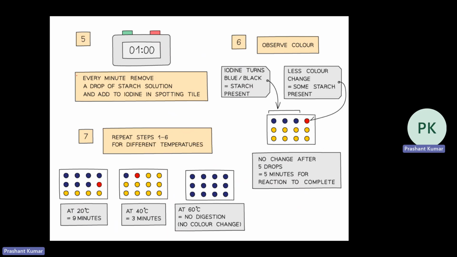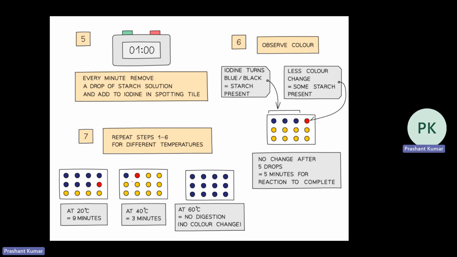As time goes on, you will find that some of the starch has been converted, turning blue-black. So we have to record the time. You can see here at 20 degrees Celsius, at 9 minutes, this much reaction has been done.